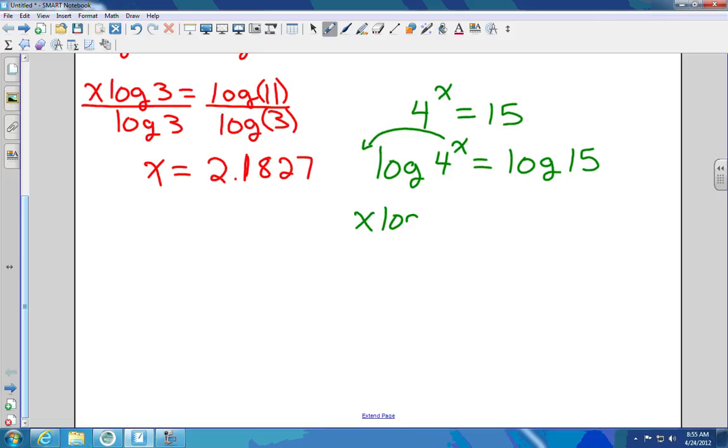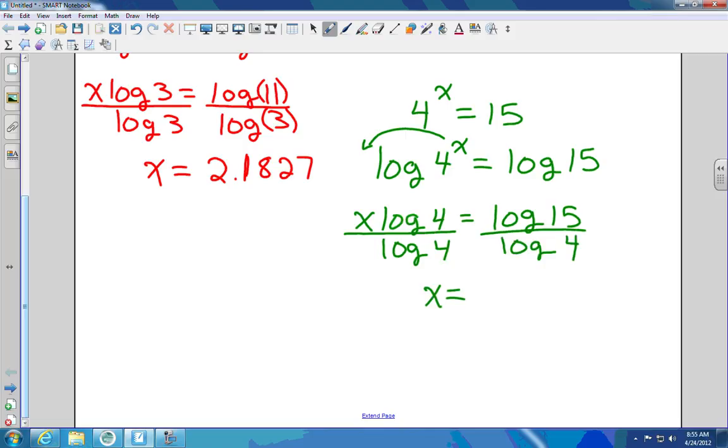So we have x log 4 equals log 15. And then what? Divide both sides by log 4. So x is 1.9534.